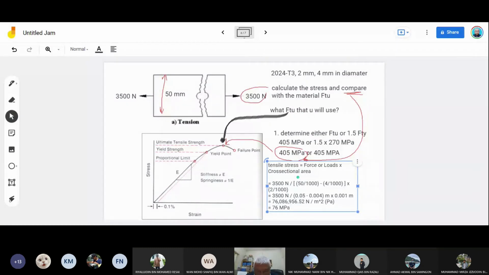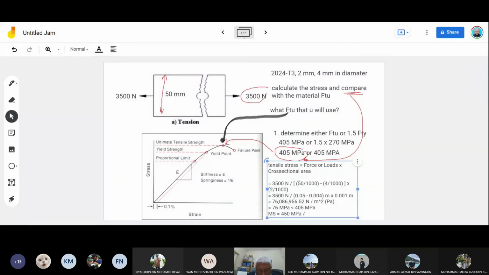And then you compare, this is less than 405 megapascal. And you can calculate the margin of safety by 405 megapascal.